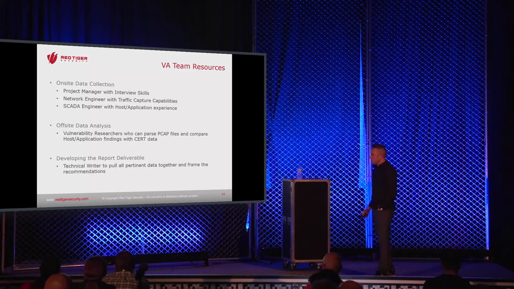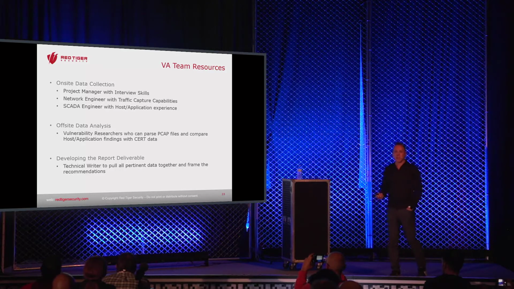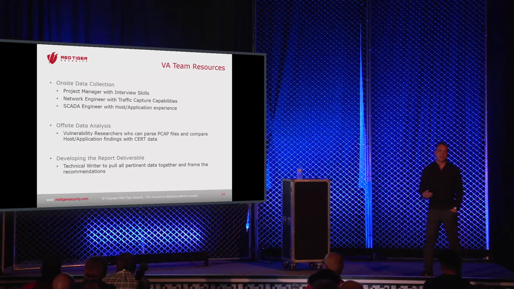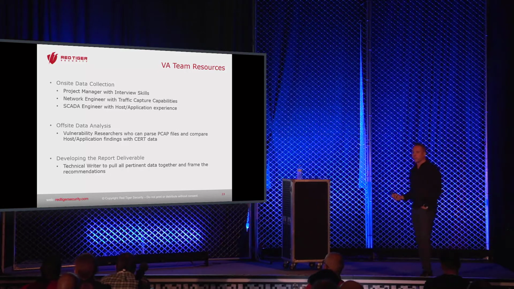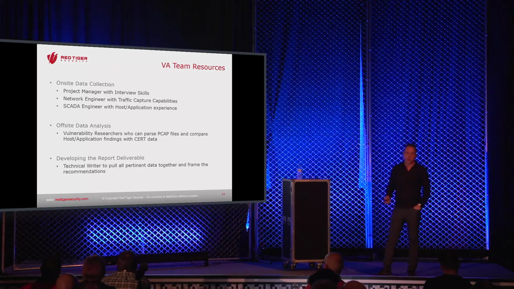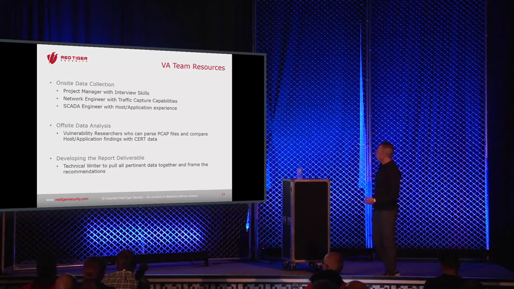The type of team members you should have on your project team should involve someone strong with network protocols and logging into switches, routers, firewalls, analyzing ACLs on firewalls. You need a strong network engineer. You also need really good SCADA engineers or IT engineers that understand how the operating systems and applications work, and then probably some vulnerability researchers who can parse this data and rate the criticality of the findings.